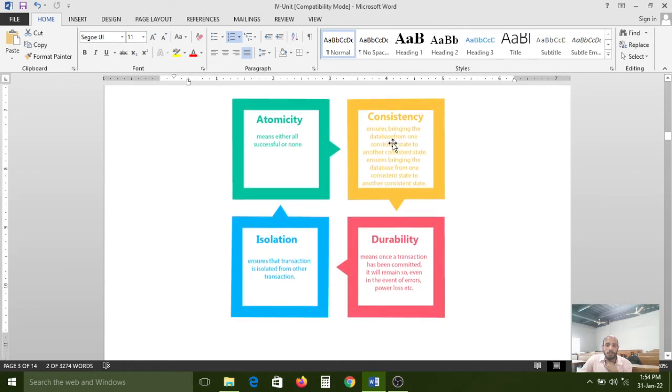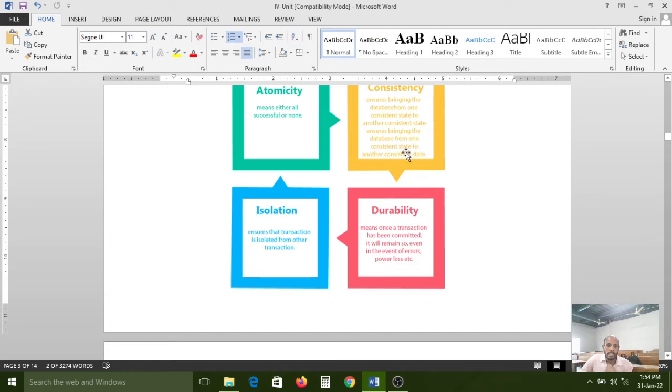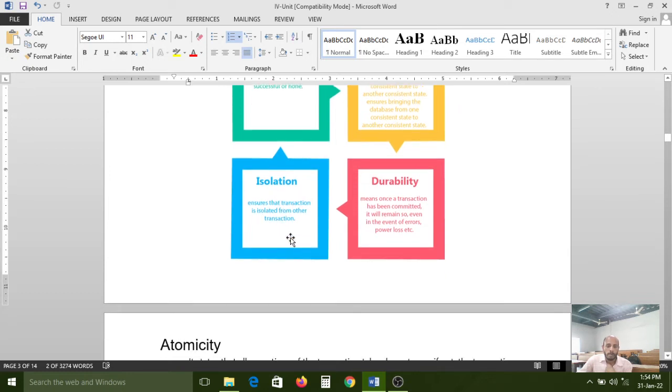Consistency means ensuring the database is brought from one consistent state to another consistent state, nothing but one correct data to another correct data. And the next one is isolation. It ensures the transaction is isolated from other transactions. Don't worry about this diagram. First try to accept this diagram, and then let us understand one by one.